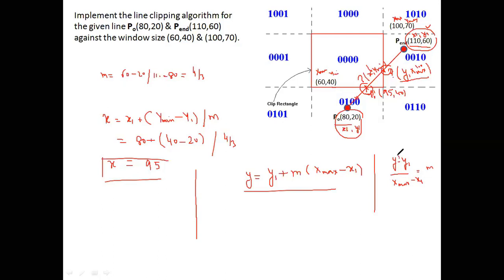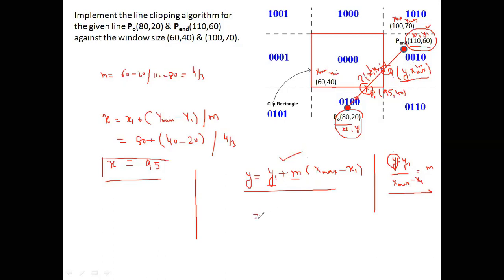From here we have calculated the value of y. So this formula has come from this equation, by subtracting it. We know the value of m and we know the value of y1.